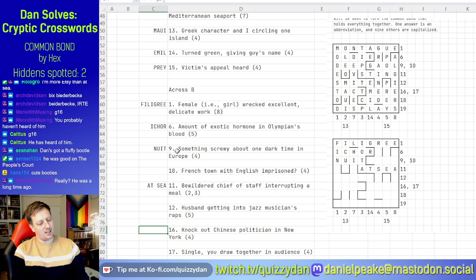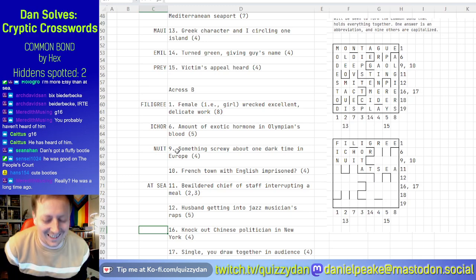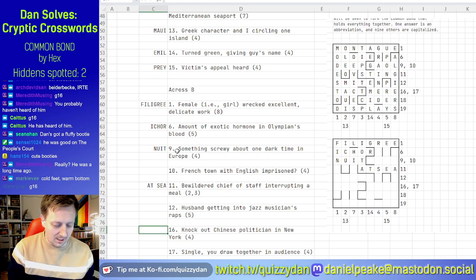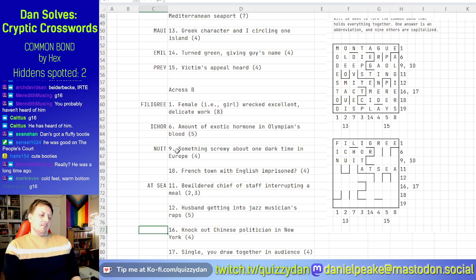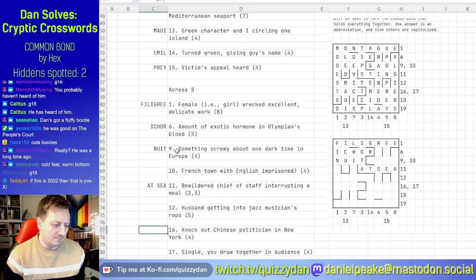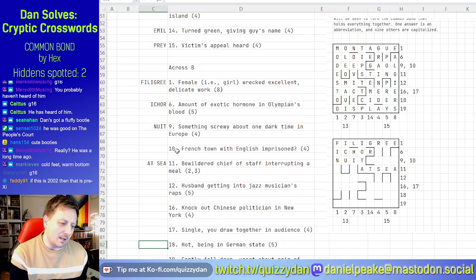Check out my booty. Yeah. Okay, there's my raid phrase. Check out my booty. Hang on. Cold feet, warm bottom, can't lose. That was the Friday Night Lights thing, wasn't it? That's a reference that only some people are going to get, but that's fun. Yeah. I'm going to come back to that one as well.